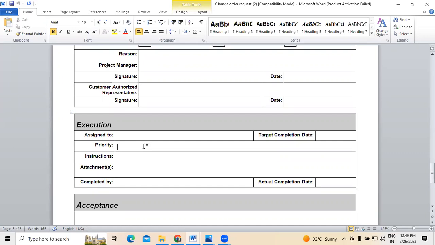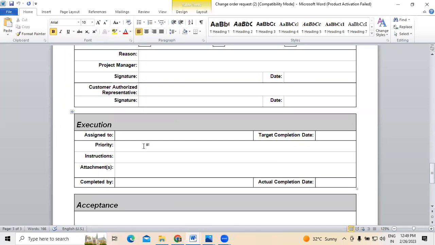Sometimes customers give references and attachments, and those have to be mentioned here. Followed by this, the actual completion date has to be mentioned under the execution.